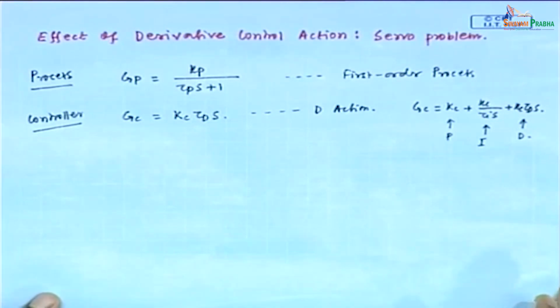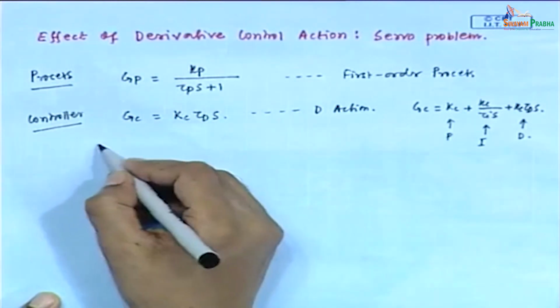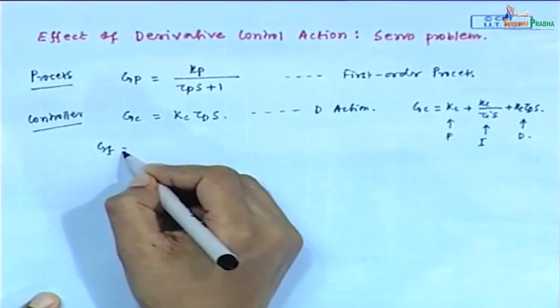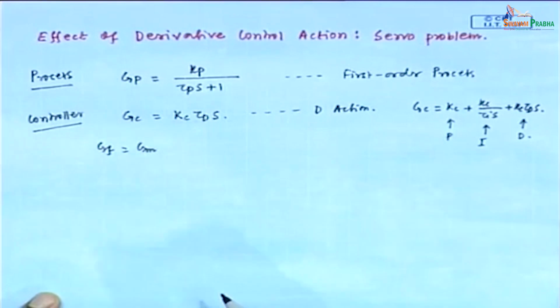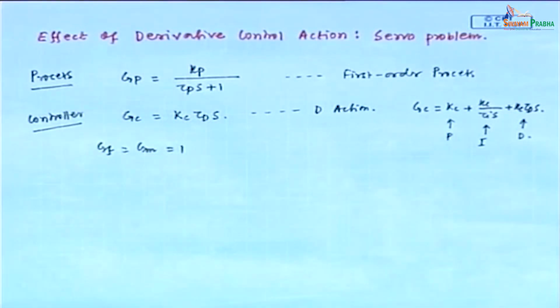Fine. And for simplicity, we will consider the transfer functions Gf and Gm both are equal to unity.